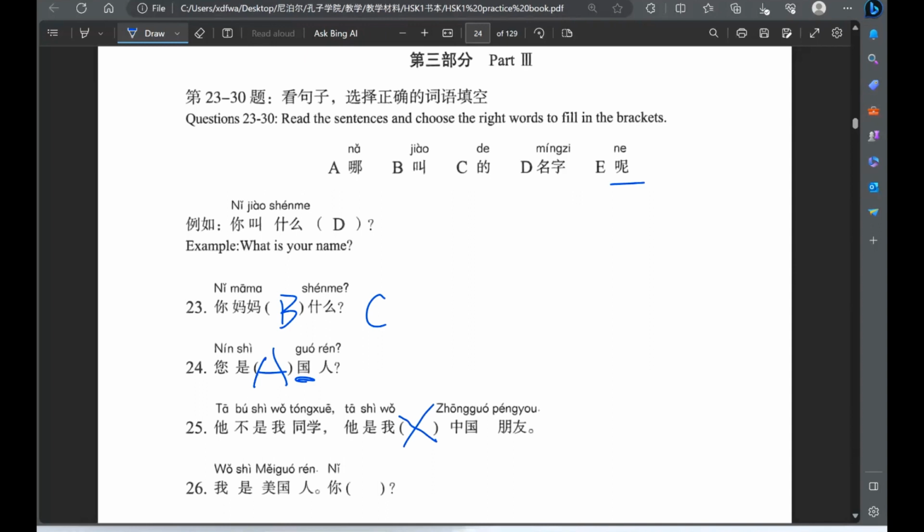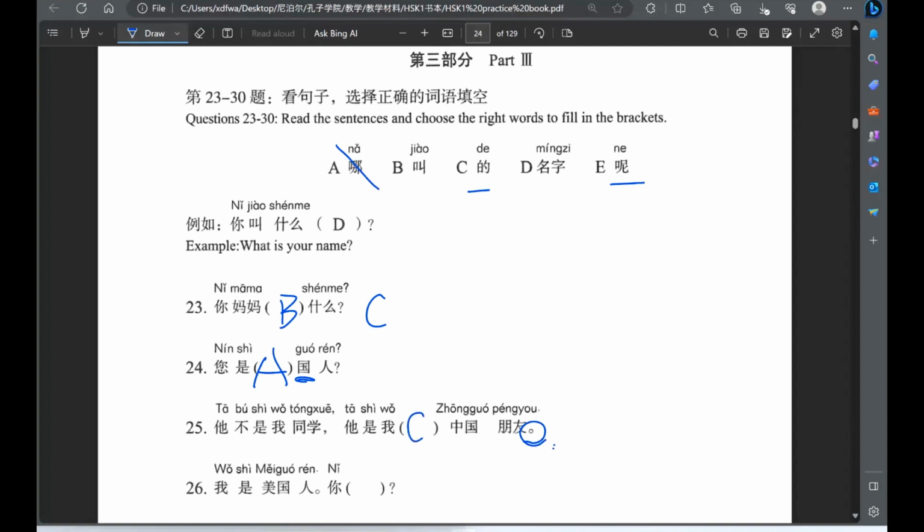So what can we add here since it's already a complete sentence? There is a full stop at the end, so it definitely is not 哪, and 哪 has already been chosen. 叫 called is not appropriate. 的, 我的中国朋友 is right. My Chinese friend.